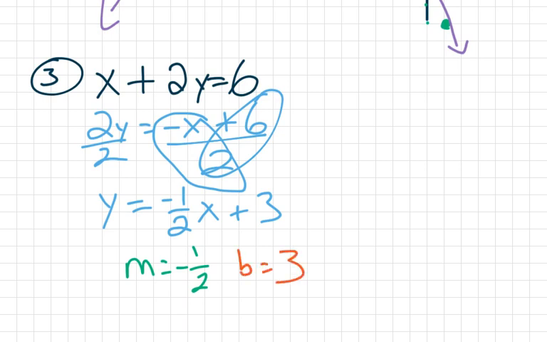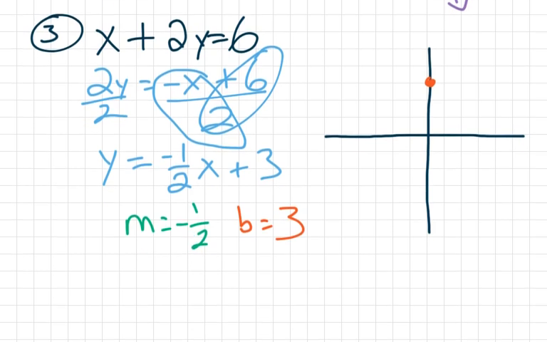So when we go to graph here, let me draw in my x and y axis. Start at your y-intercept of positive 3. Now your slope is already a fraction, negative 1/2. All you need to do is assign the negative to be one of those two. So I'm going to go negative 1 over 2, because what that tells me is I need to go down on the y-axis and then positive to the right on the x.